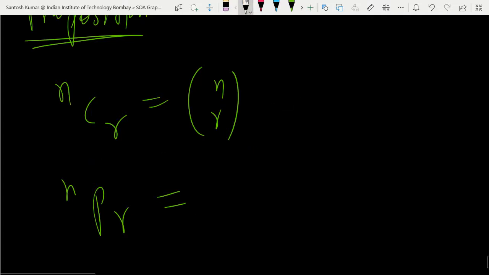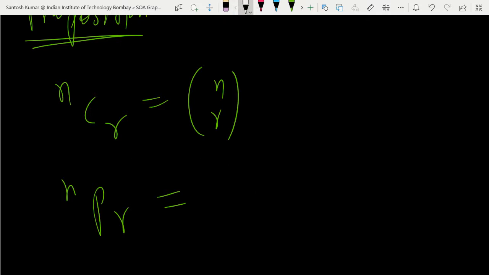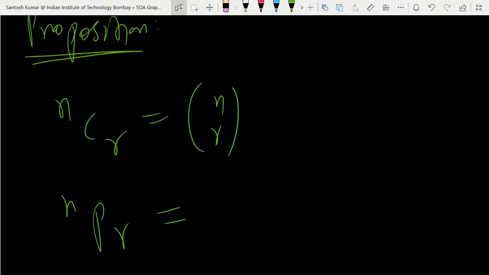So can anyone tell me what is the notation for this in the foreign book? What do you see as the notation then? Anyone remembers? Alternative notation for nPr.